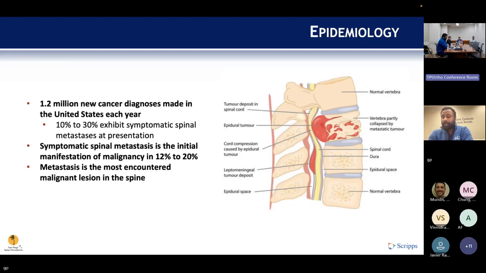As many as 20% of cancer patients have spinal mets as their initial manifestation of malignancy. Mets are typically the most common lesion we encounter in the spine, relative to primary tumors, which are much more rare.